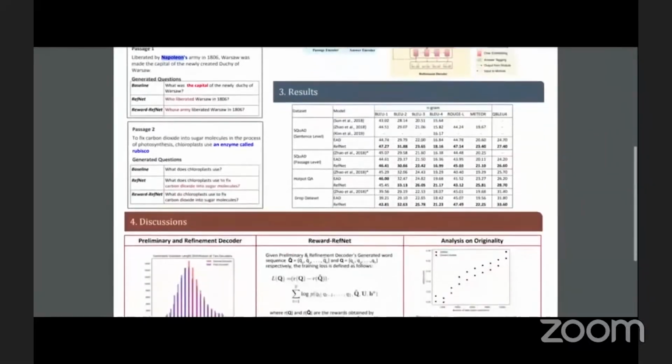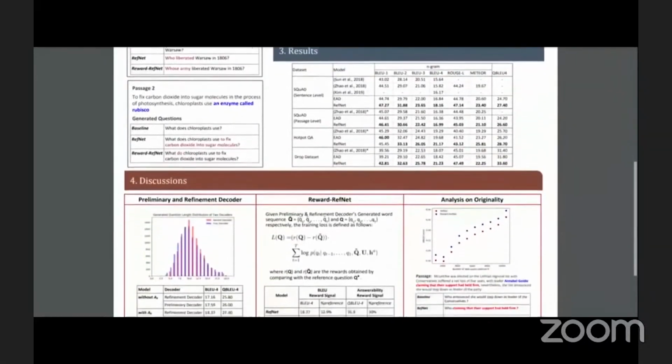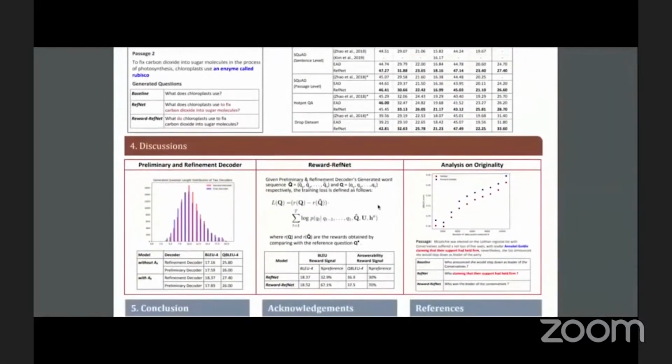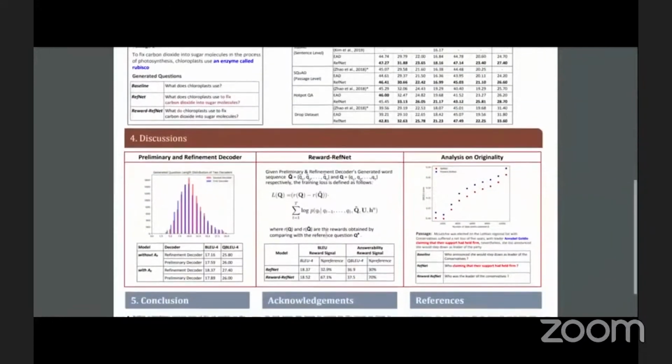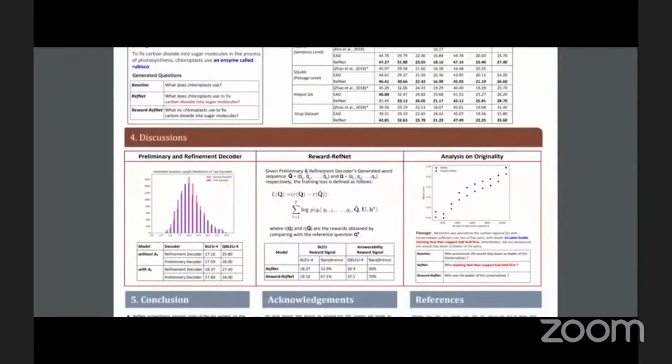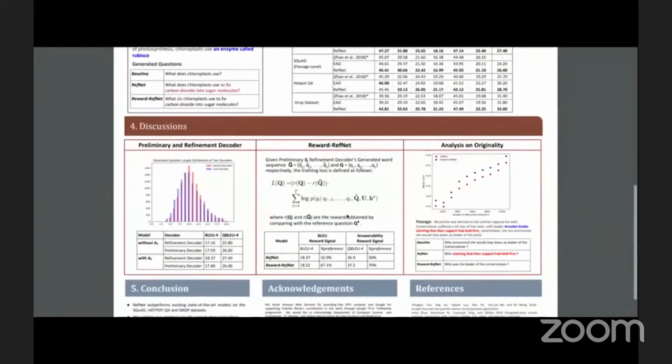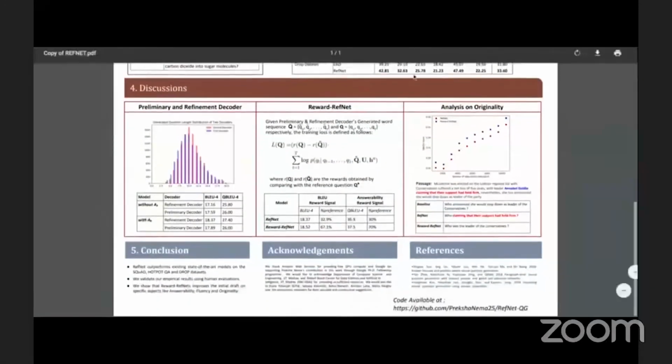Since we are anyways generating it in two passes, we can make sure that the second pass is better either in terms of fluency or answerability, or it should be more original as compared to the source document that you have given. The way we do that is we add a reinforced loss on the second decoder as compared to the first decoded sentence, which will be the baseline, and you try to have a reward signal of BLEU or answerability. Thank you.